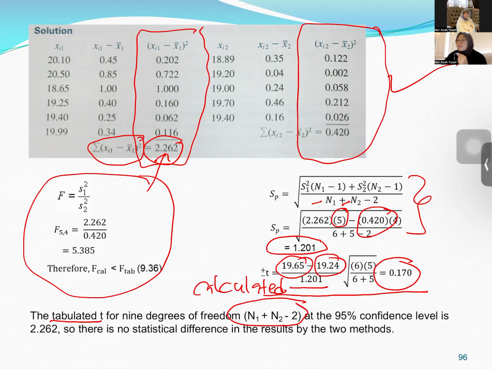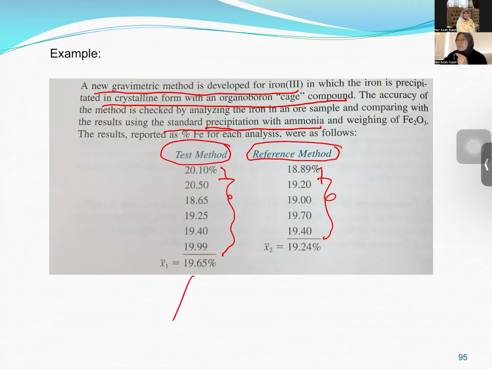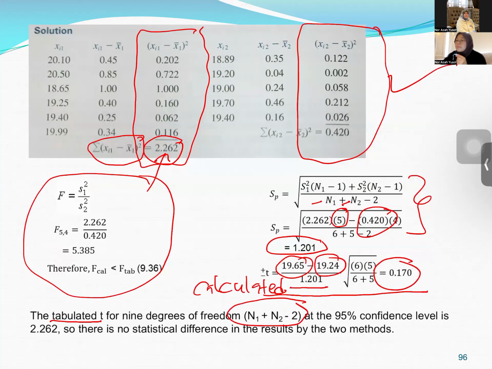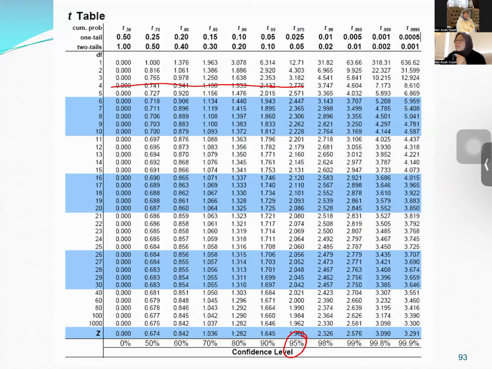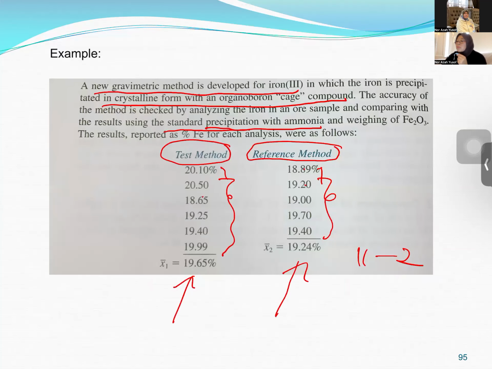The degree of freedom is the number of observations from the test method plus the number of observations from the reference method, which is 6 plus 5, so 11 minus 2, that is 9. If you look at the table, for 9 at 95%, it is 2.262.